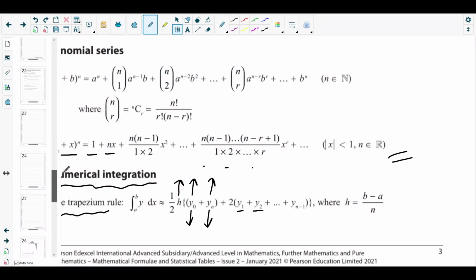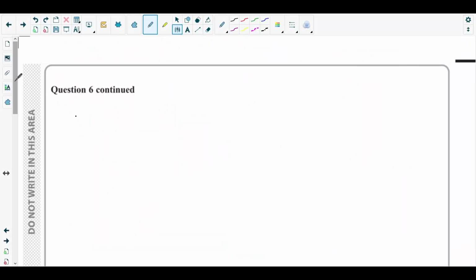Then y1, y2, y3 are the heights of the strips in between. We add the first and last strip heights separately within the bracket. Let's have a look, and if I do it, you can easily understand.